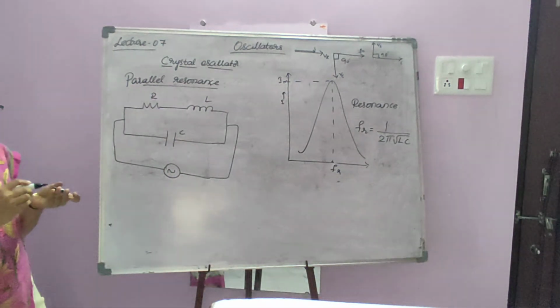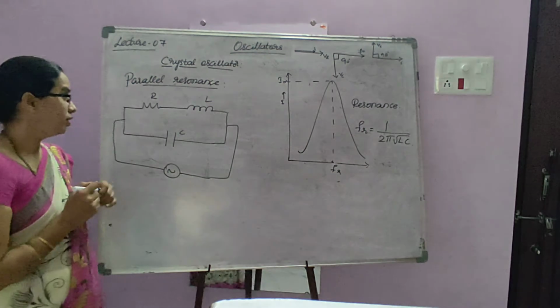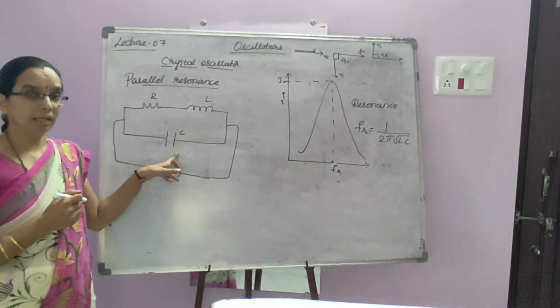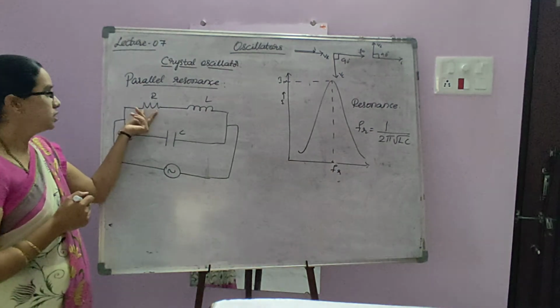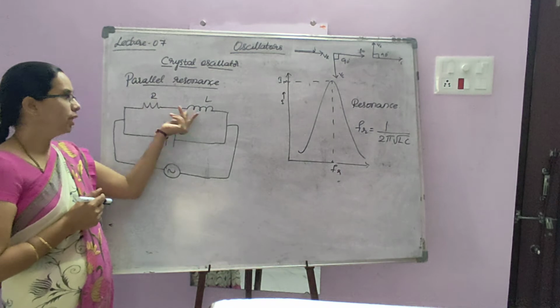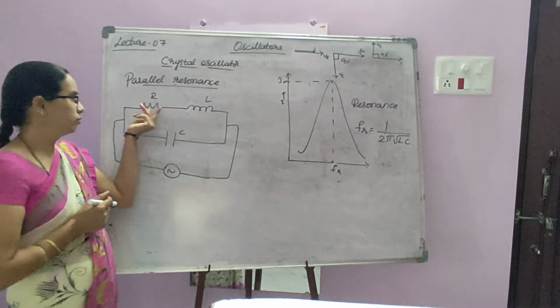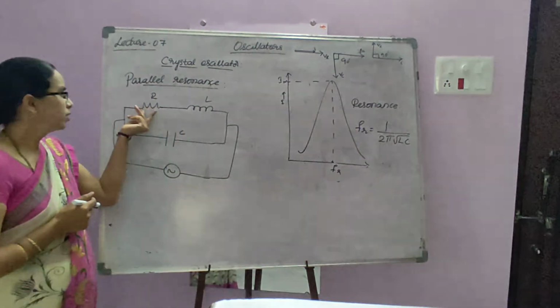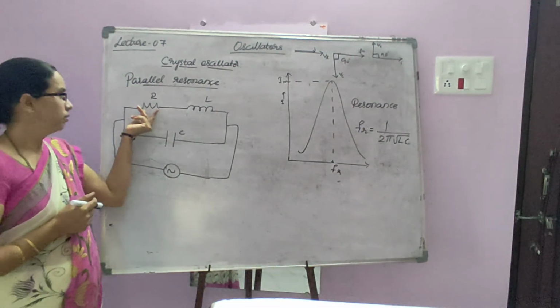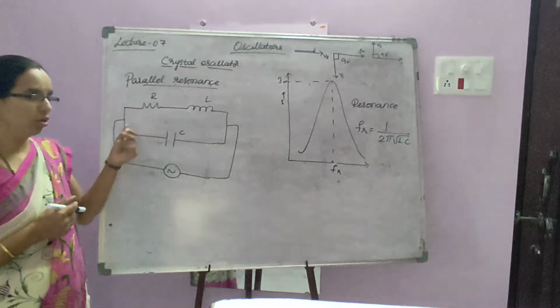So this is the parallel resonant circuit where the inductor and capacitor are connected in parallel to each other. The resistance will be very small, and usually it is an LC circuit only. The coil resistance is just shown as a resistance, which is a very small value.